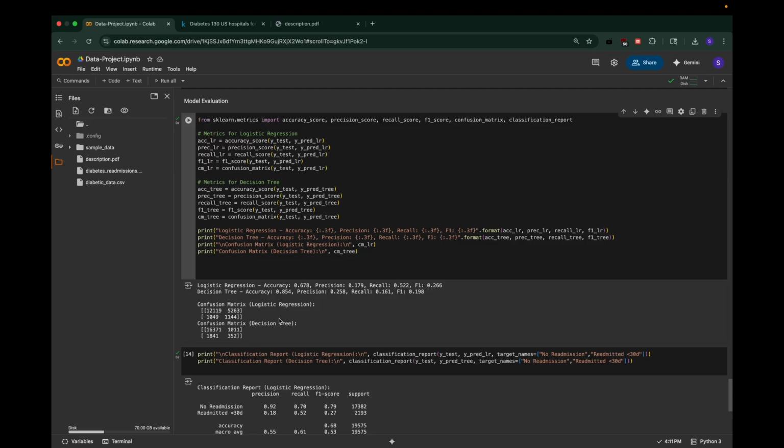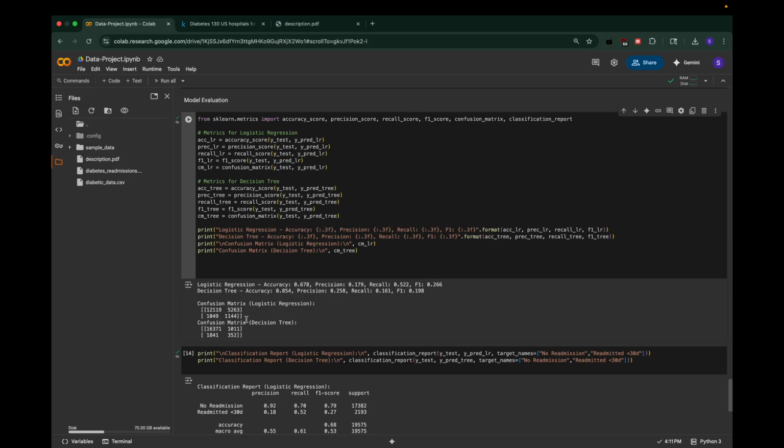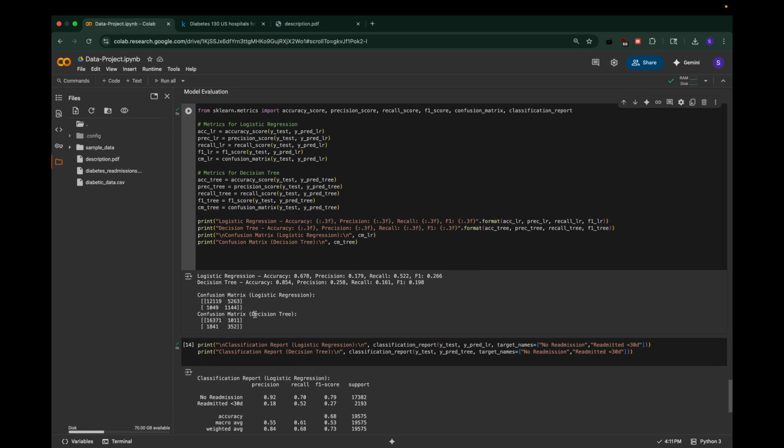The logistic regression produces more false positives, basically predicting readmission when there wasn't any, but fewer false negatives, meaning it missed fewer actual readmissions. The decision tree was more conservative in its predictions and achieved a clearer separation, but it still had high false negatives mostly.